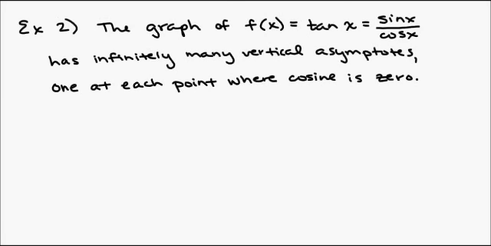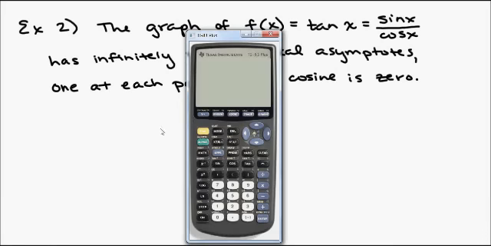Example 2. The graph of f of x equals tan x equals sine x over cosine x, remember that's just a trig identity, has infinitely many vertical asymptotes, one at each point where cosine is 0. Okay, so let's look at that.